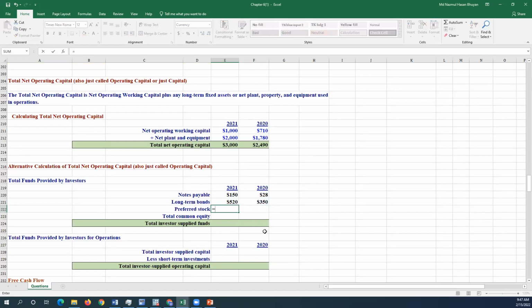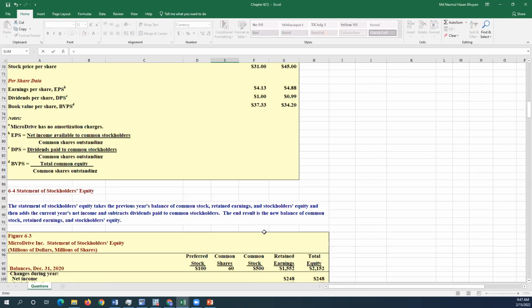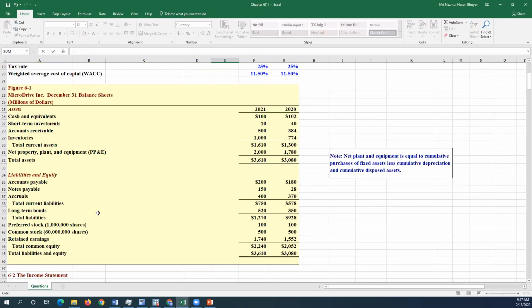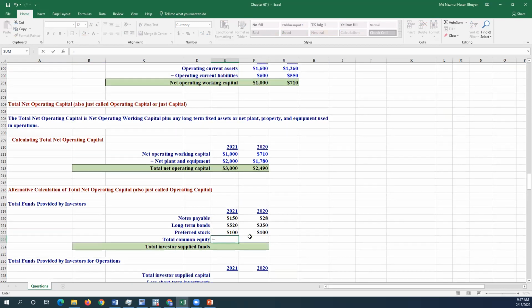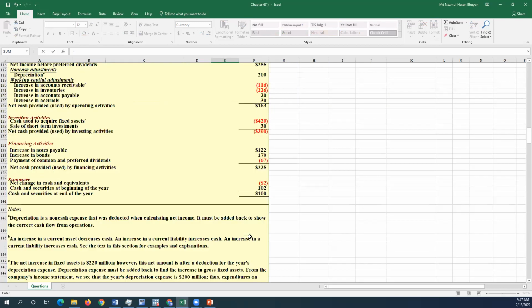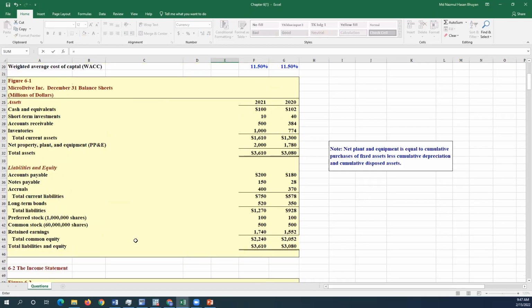Now let us include the financing provided by the preferred stockholders. Then let us include financing provided by common equity holders. Financing provided by common equity holders is the total common equity, which consists of common stock and retained earnings.